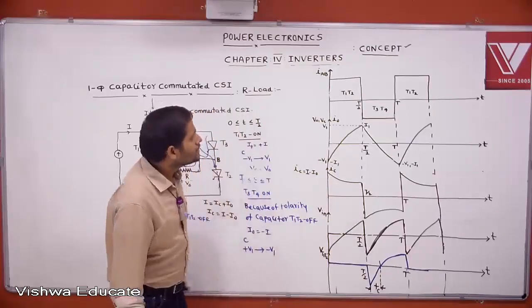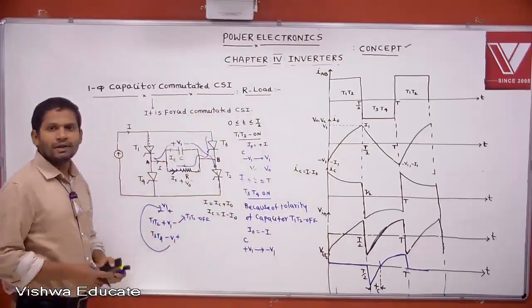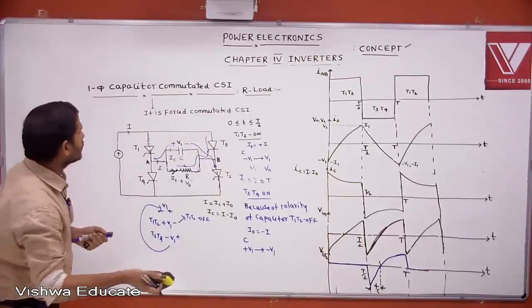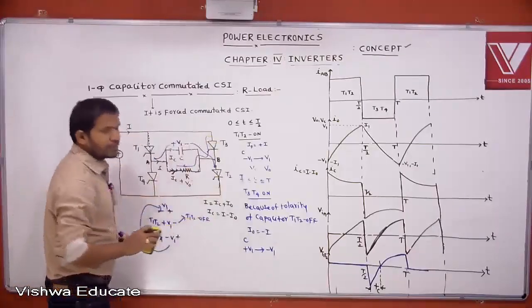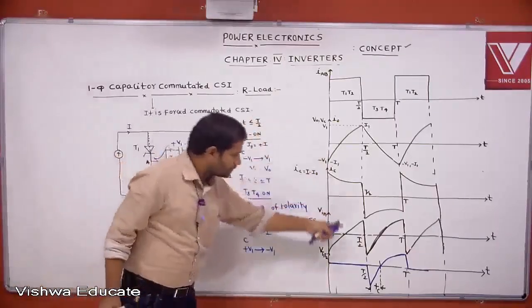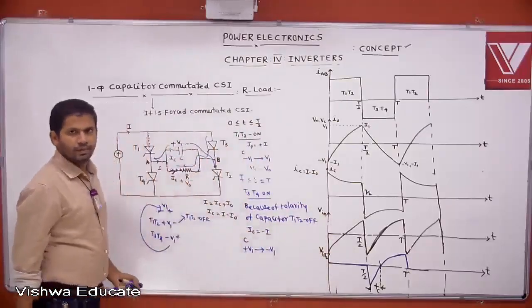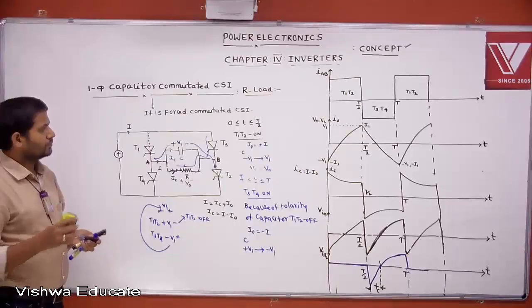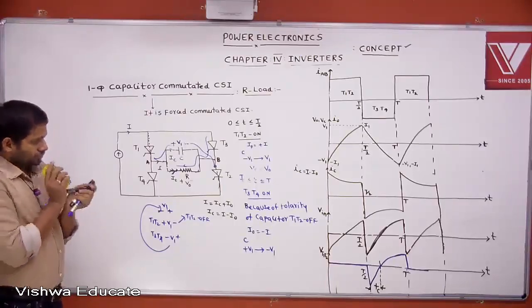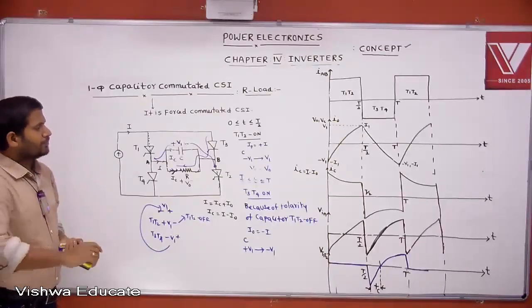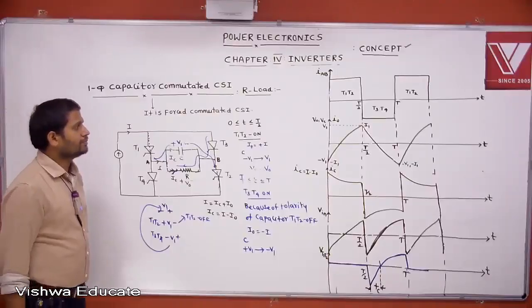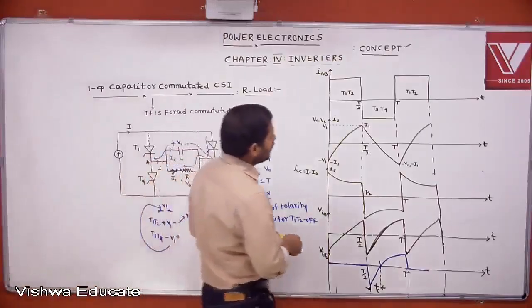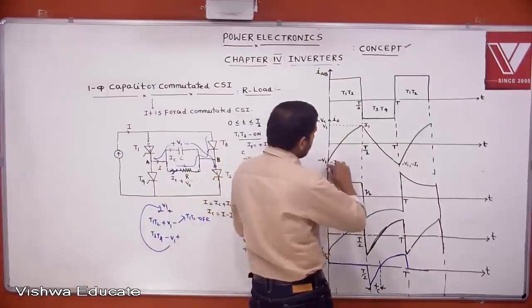Now based on this we want to do some analysis that is important from the commutation point of view. The point is, it is not exactly triangular.